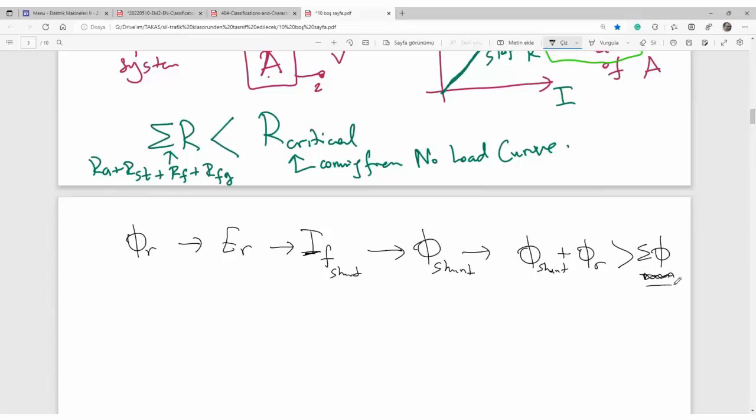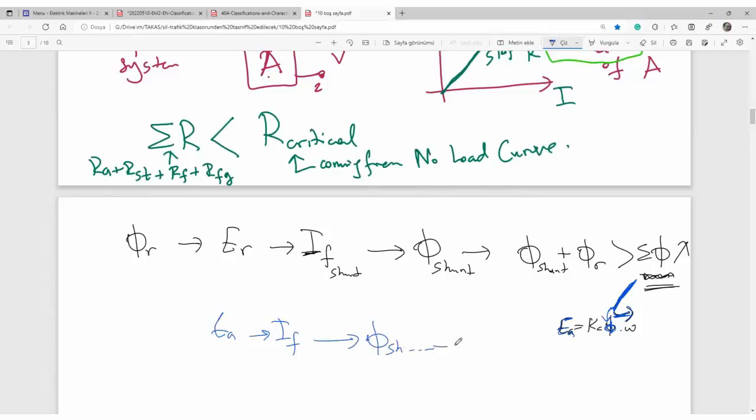It adds more. Remember, K a flux speed makes EMF, so there's an increasing EMF. An increase in EMF results in much more shunt field current. It will result in much more shunt field.